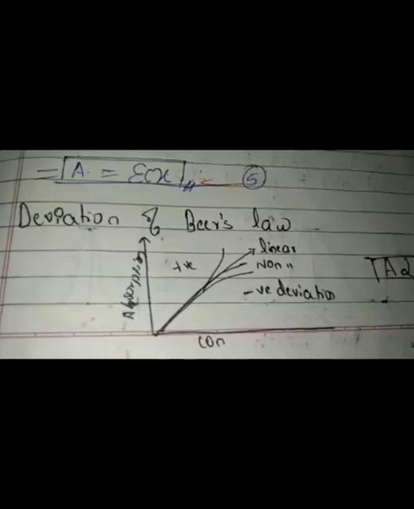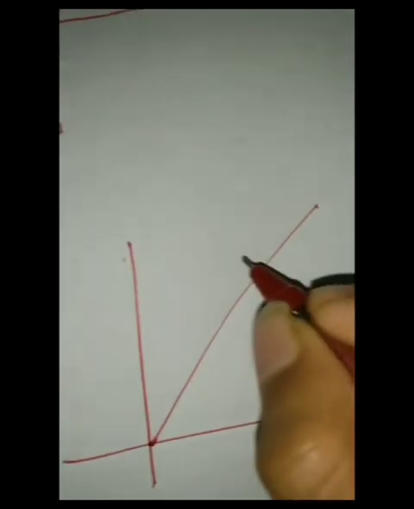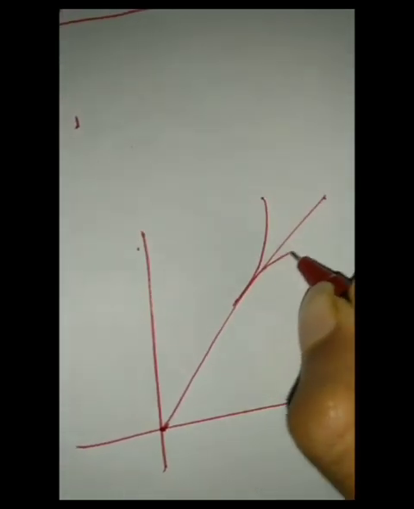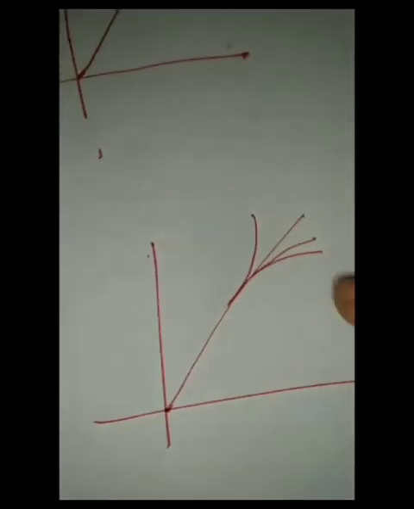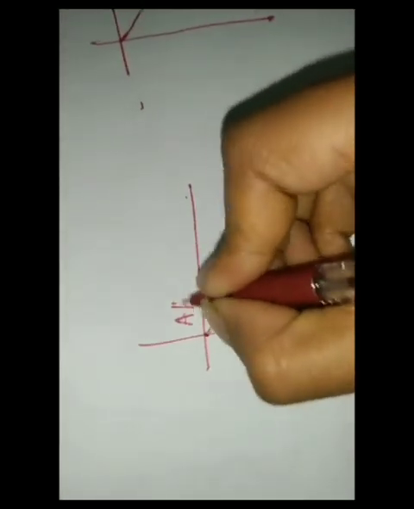Okay, after the Beer-Lambert law, the deviation from Beer's law is also another important concept which may come for 4 or 5 marks. So let us see. Let us draw a graph, and from the origin we will draw a line. This is concentration, this is absorption.